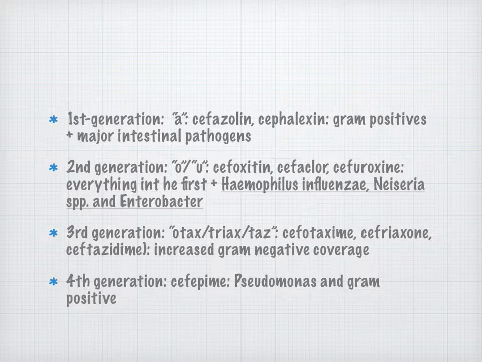Third generation has an increased gram-negative coverage, and you can recognize third generation drugs by the O-Tax, Triax, and Taz after the ceph. So you got cefotaxime, ceftriaxone, and ceftazidime. Fourth generation, remember cefepime, and it affects Pseudomonas, so it's the only cephalosporin that can be used on Pseudomonas.